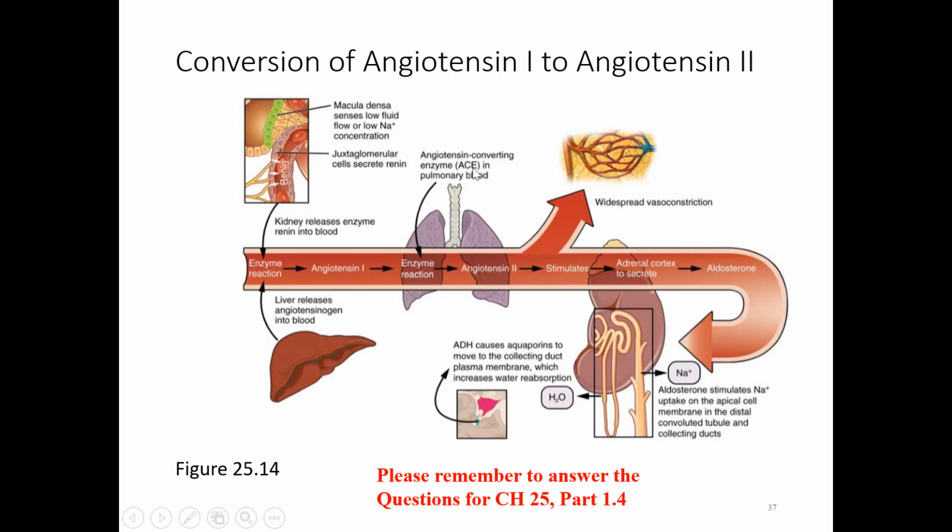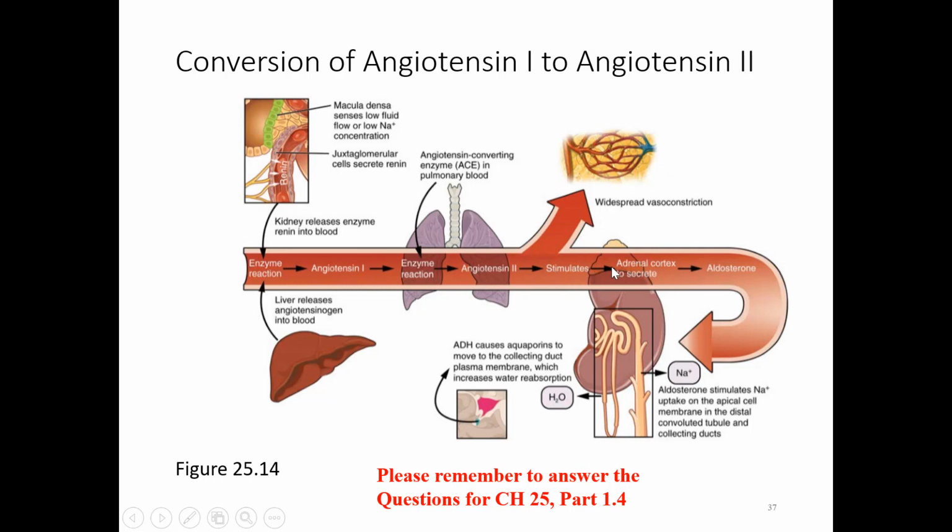A little bit later, ACE, angiotensin converting enzyme produced by the lungs, turns angiotensin 1 into angiotensin 2. This substance causes vasoconstriction or constriction of blood vessels all over the body, which increases blood pressure.